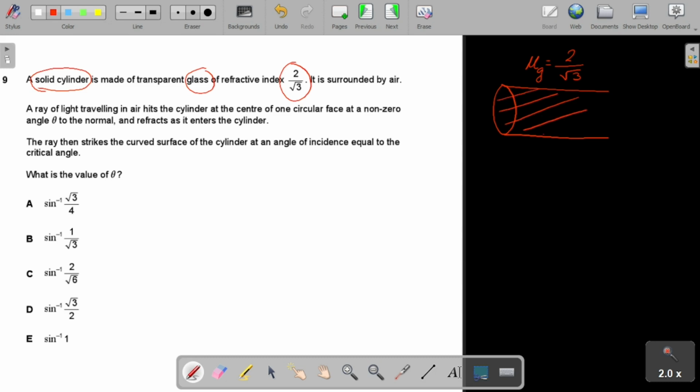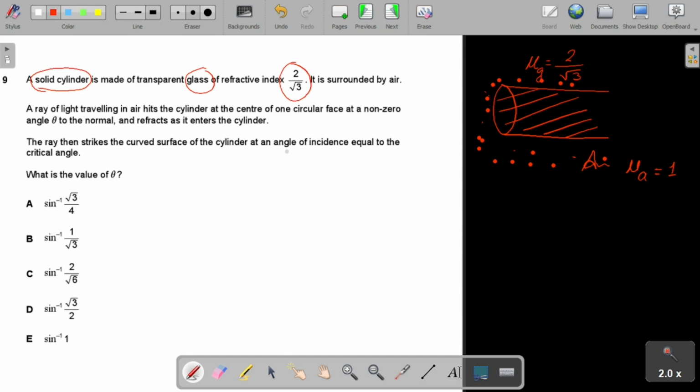Inside this cylinder is glass, and outside that is air, like this. We know the refractive index of air is basically 1, right?